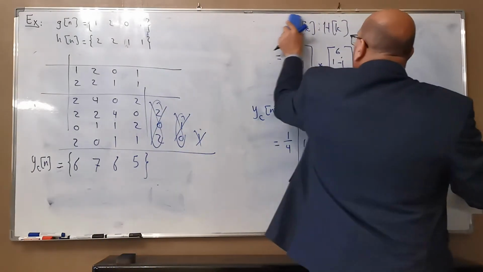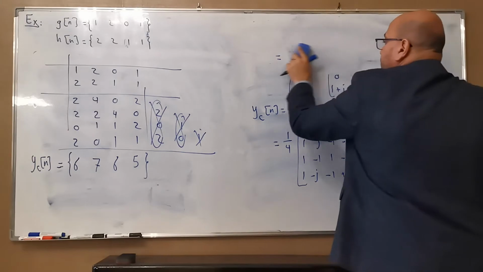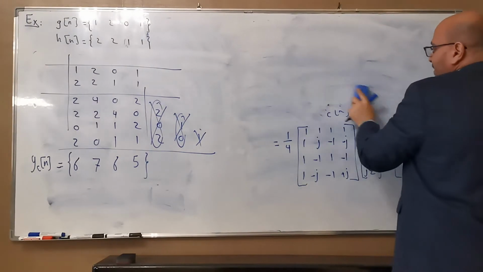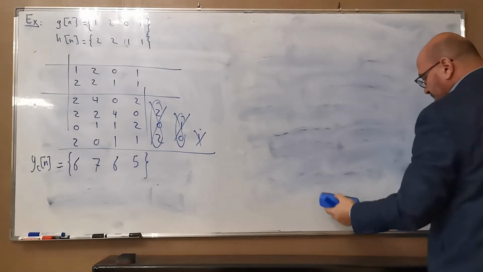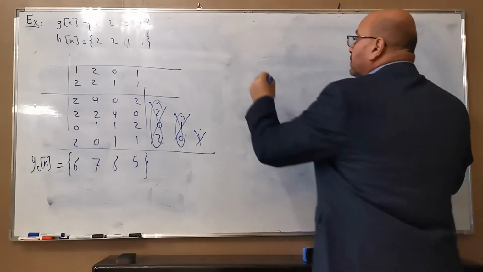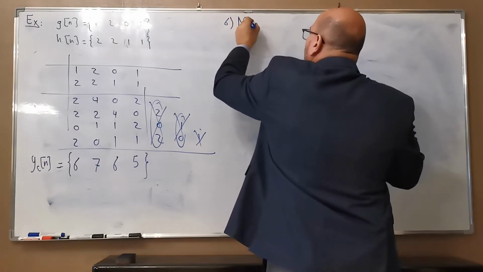Okay, so let's move to the next theorem. The next theorem is the dual of the convolution, which is the modulation or the multiplication. So number 6 is the modulation theorem.